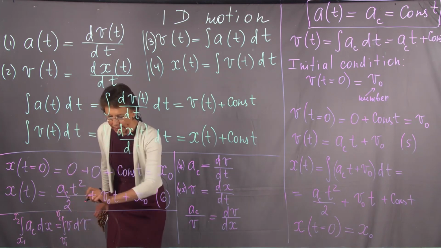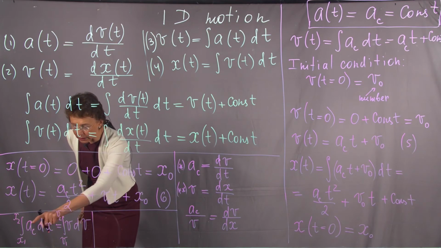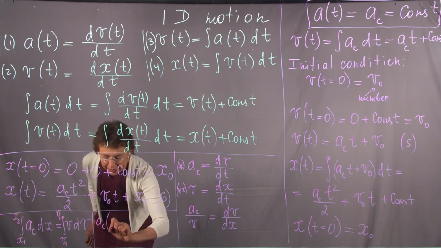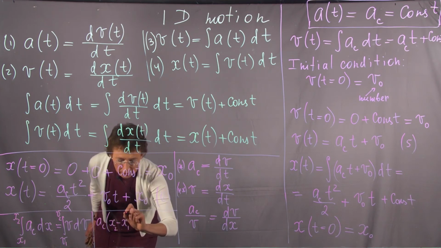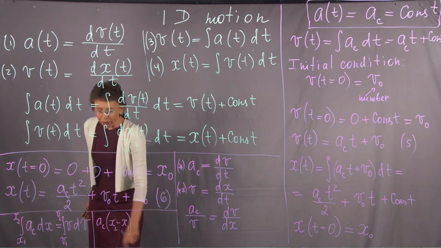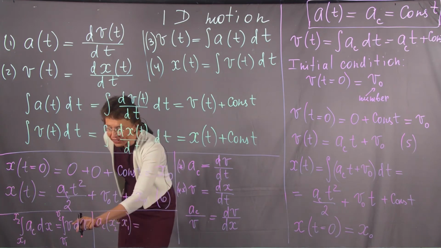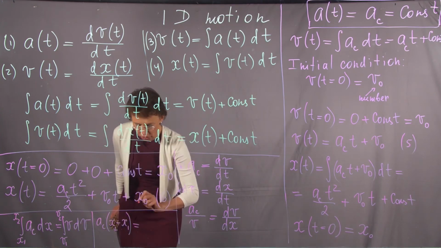Now I take this integral. What will we have? Remember, a_c is constant, so what I have on the left is a_c times x2 minus x1. What do I have on the right? On the right, I have v squared over 2 as the result of the integration.